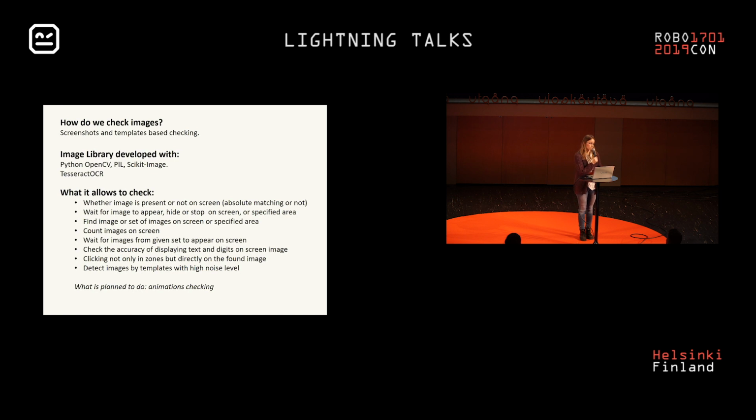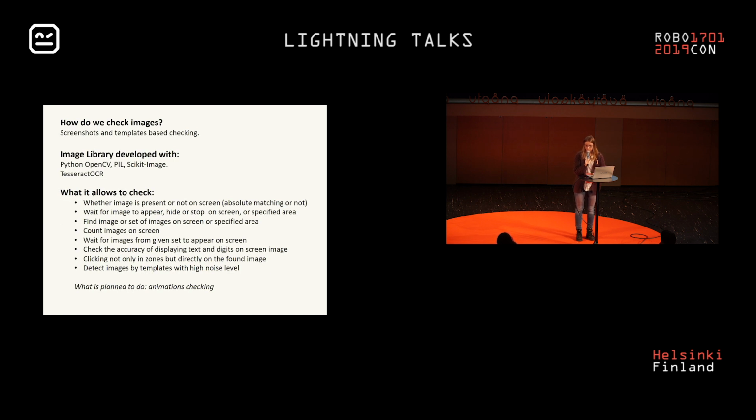Here we use Tesseract OCR, and we also try to teach Tesseract with our own sets of fonts, because each game is different. It uses our own fonts created by our designers, and we have to teach Tesseract to understand these fonts also.